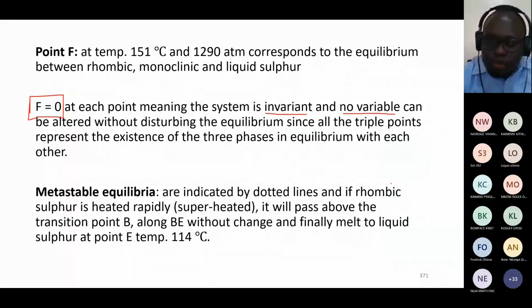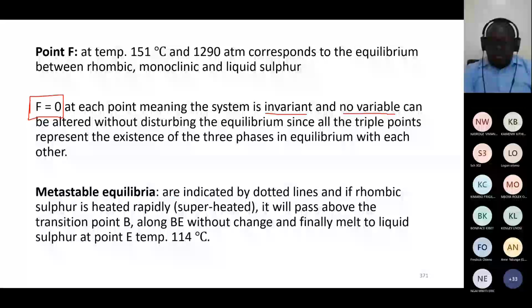So when you're considering water, we had what we call the metastable equilibrium. So also in this sulfur system, we have a metastable equilibrium. These are indicated by dotted lines.